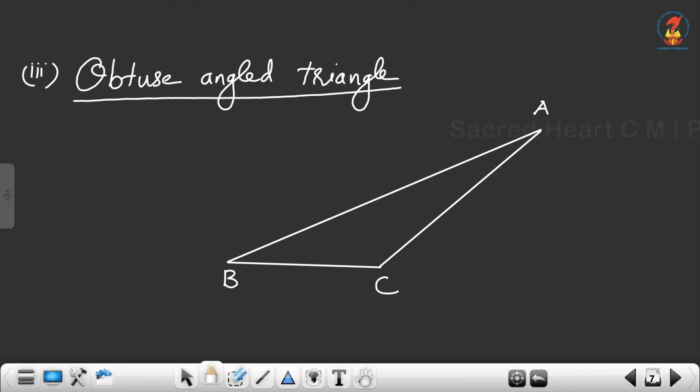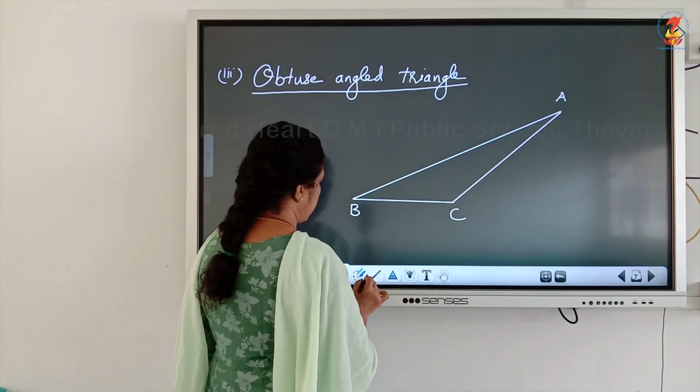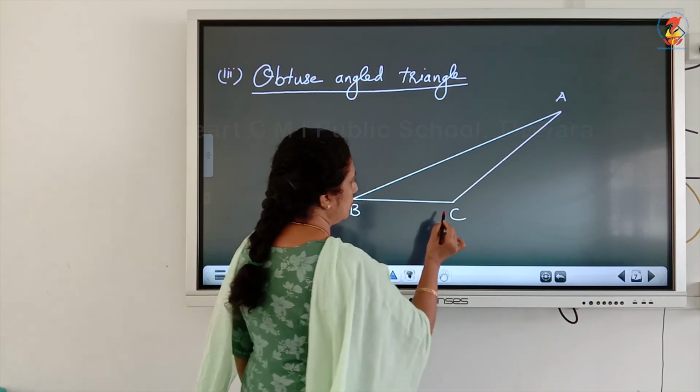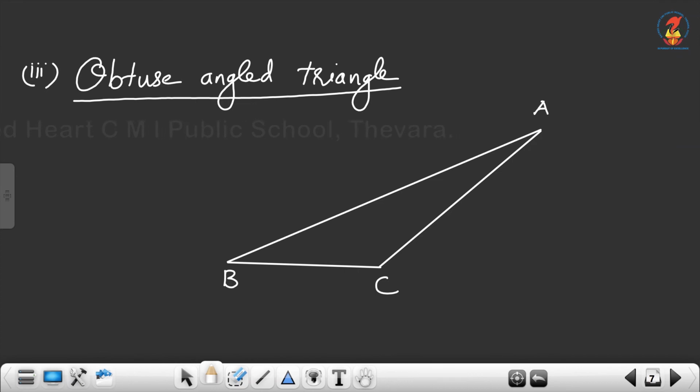Now next, in the case of an obtuse angle triangle. From the vertex A you have to draw the perpendicular line segment. So what we have to do? We have to draw the perpendicular line segment from the vertex A to the side BC. So this is the side BC. So we have to produce the side BC.